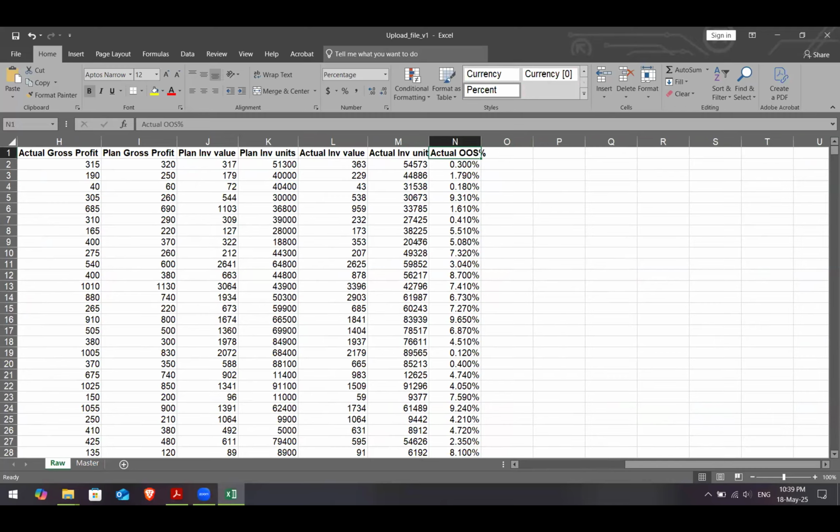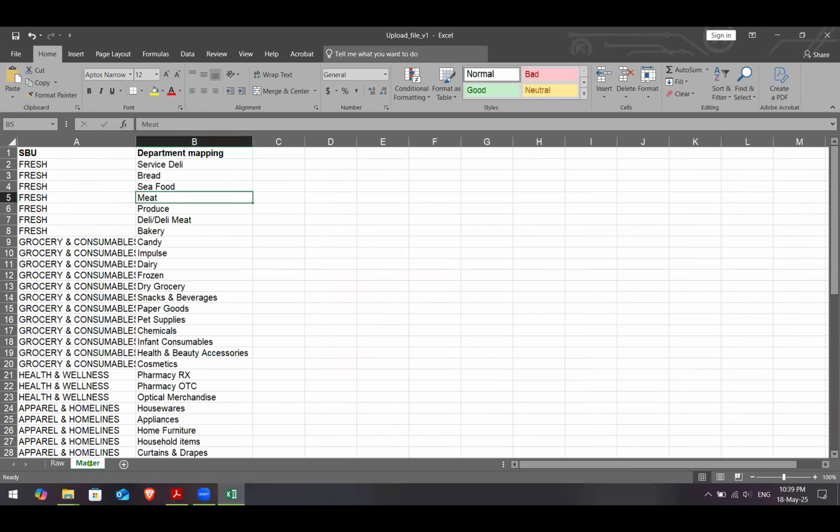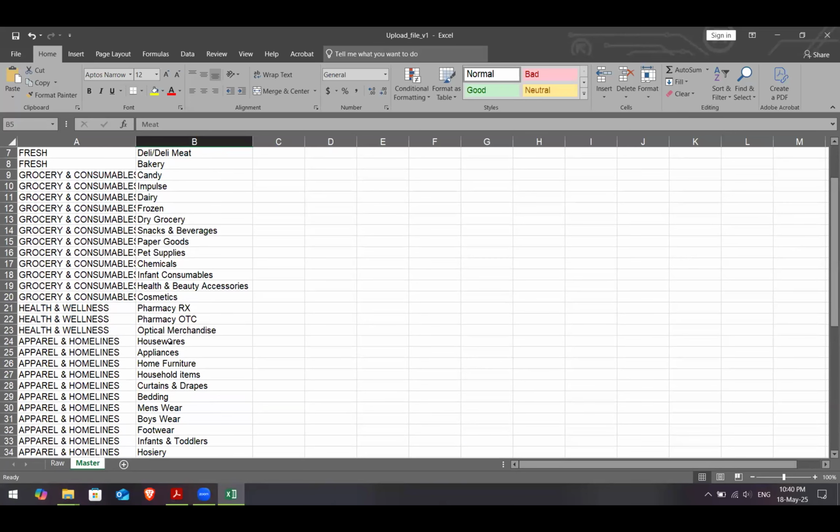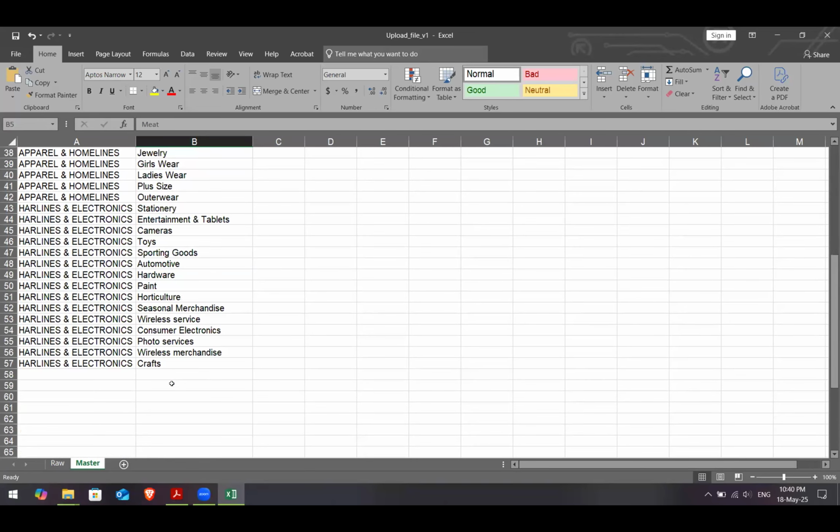We take all these metrics into consideration, and then in our master data, we group all those departments under SBU categories. Appliances, air conditioners, home appliances, washing machines, and mobile phones all come under electronics and appliances, so they'll be under a single SBU.